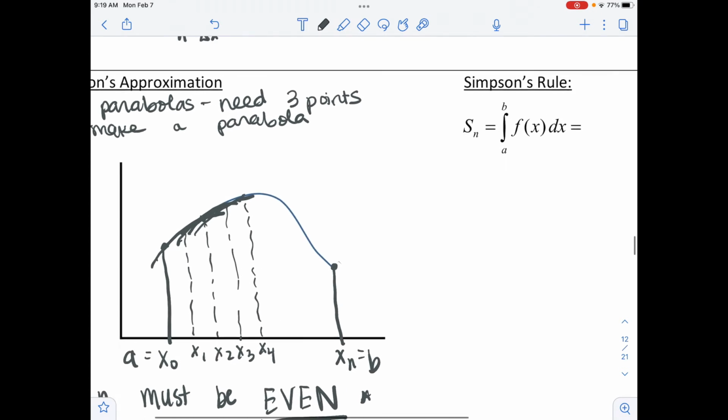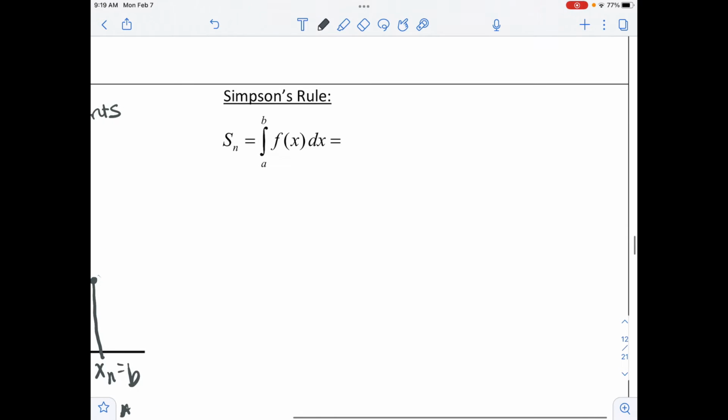So Simpson's rule, S of n, again, n is that number of intervals that we have, and n again has to be even.